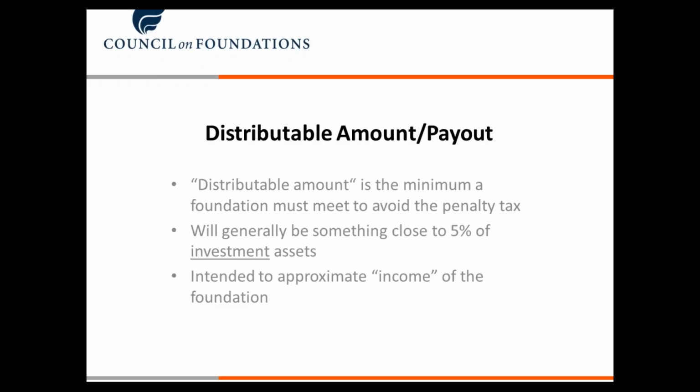But the distributable amount, according to this code section, is the minimum amount that a private foundation must distribute to avoid the penalty tax. And again, it's generally something very close to 5% of your investment assets. The intention of setting that number at 5% was to approximate the investment income that you're earning on your investment assets.